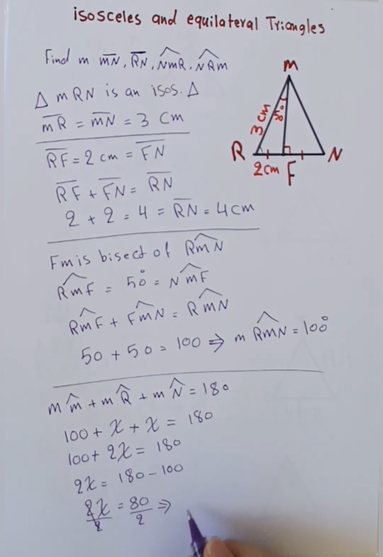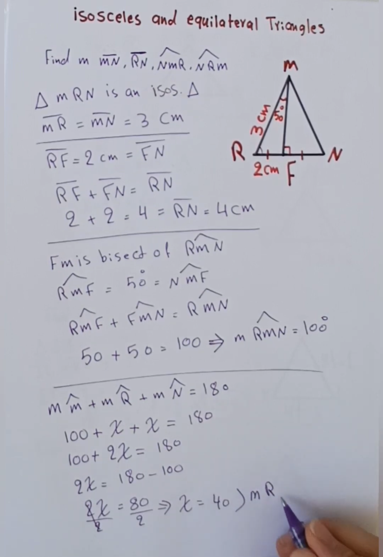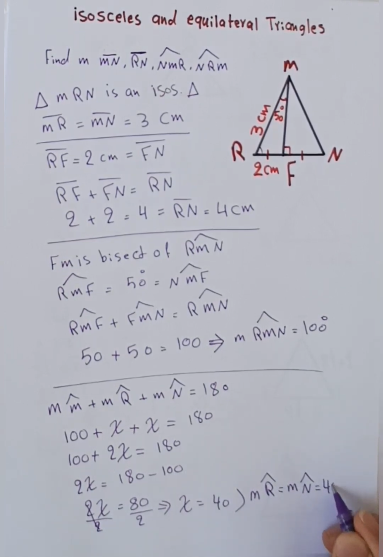These two 2s are reduced. X is equal to 80 divided by 2, which is 40. So we can say the measure of angle R equal to the measure of angle N equal to 40 degrees.